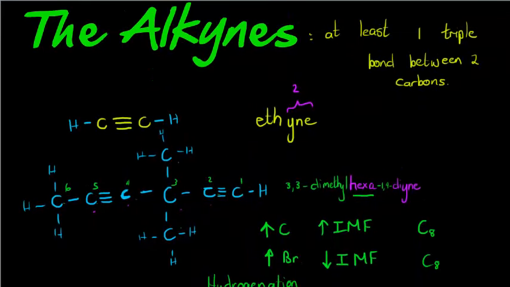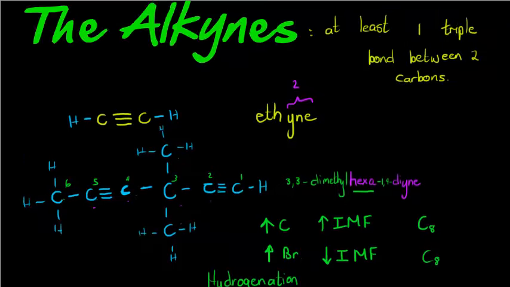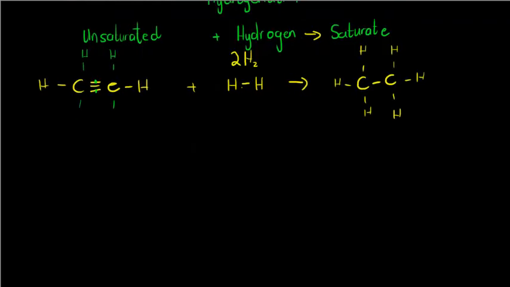I think I'll say one more thing, and that is the general molecular formula. We know for alkanes the general molecular formula is CnH2n+2. Okay, this is for alkanes. Okay.